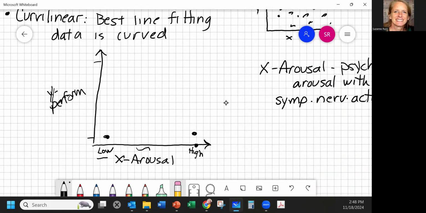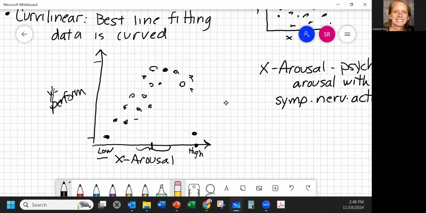Most of the time, we want to be somewhere in the middle here. We want to have a middle range of arousal. Have a cup of coffee, but not 5 cups of coffee. And when we're at this middle level of arousal, that's when our performance tends to be at its best. And so if we plot a number of points, we tend to get a distribution that looks something like this.